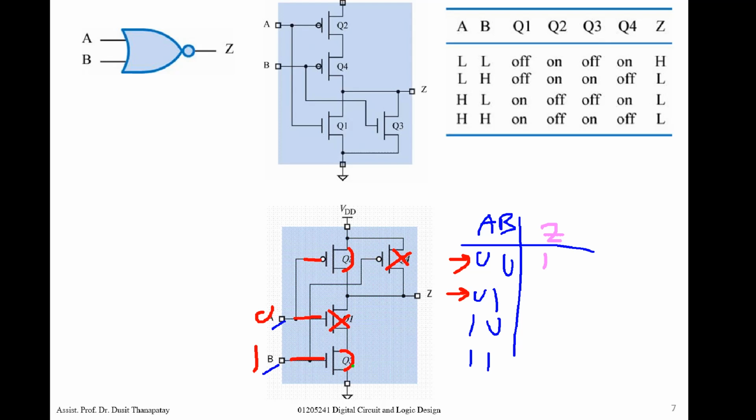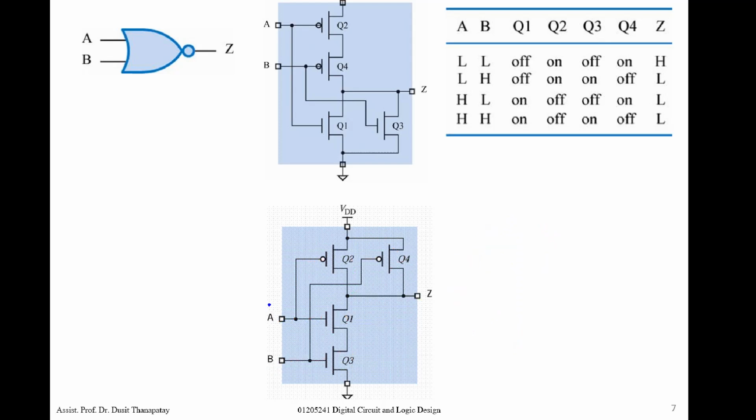So for this example, the output Z connects to VDD, then it becomes high. So this one also has output high. For 1 0, I think it will be the same. For 1 1, 1 here and 1 here, this one is on, this one is on. Now the output connects to ground, then the output becomes 0.